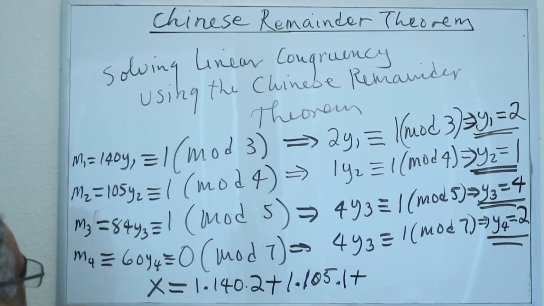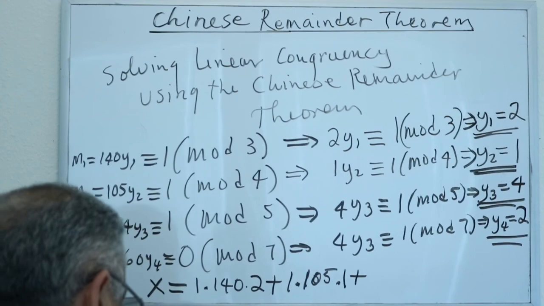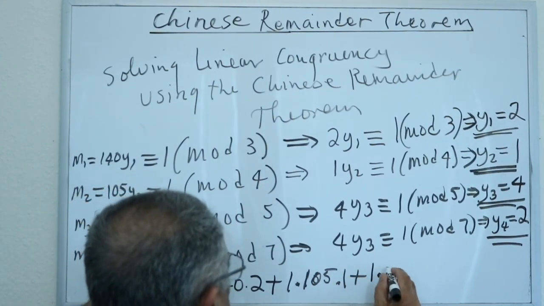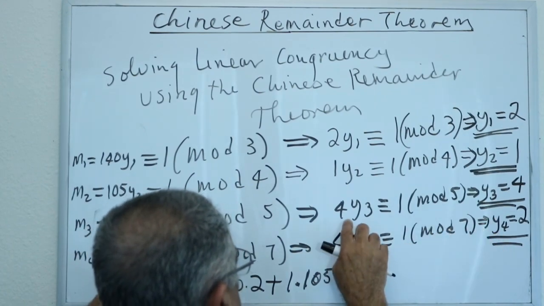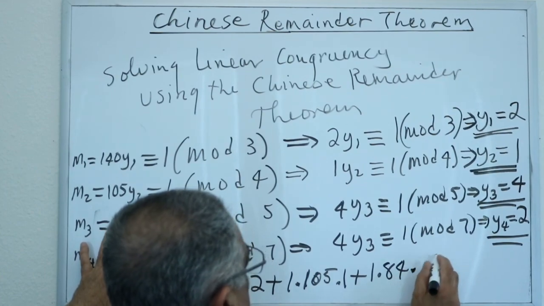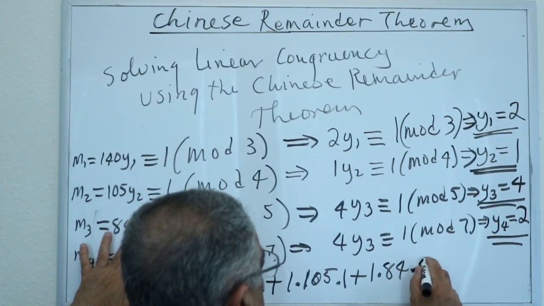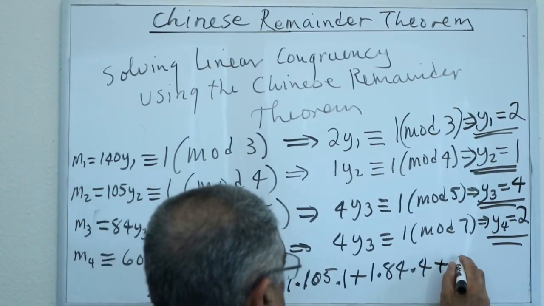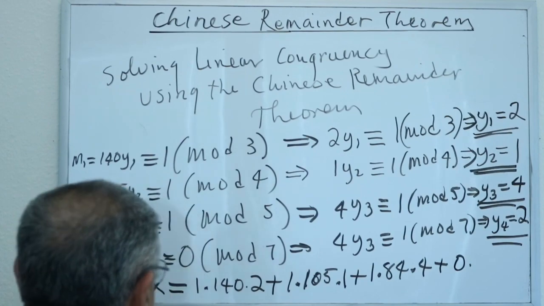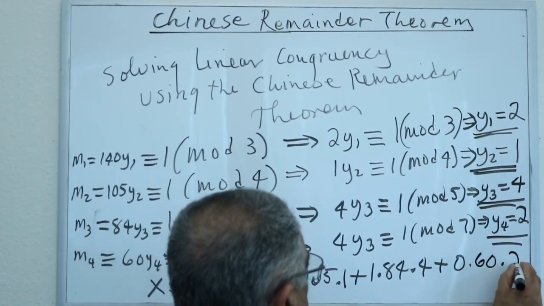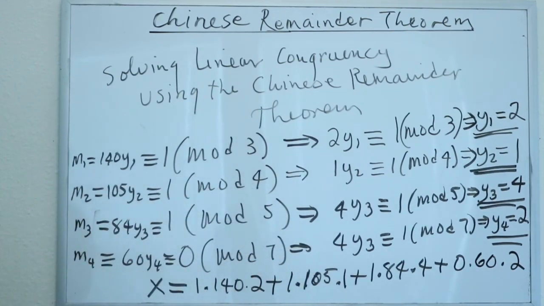Then for m3, I have 1 times 84 times 4, plus 0 times 60 times 2.